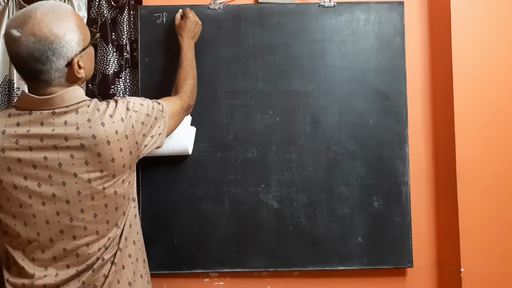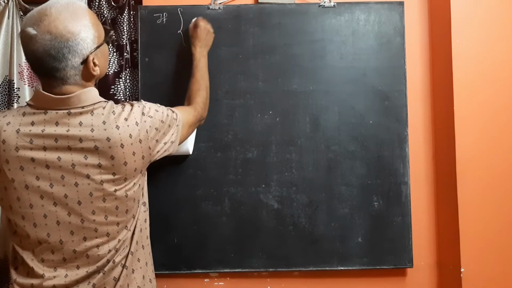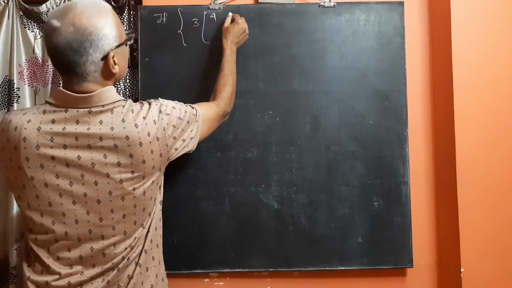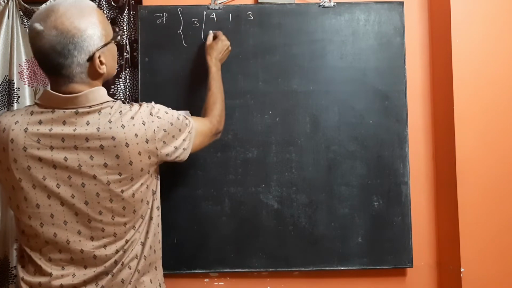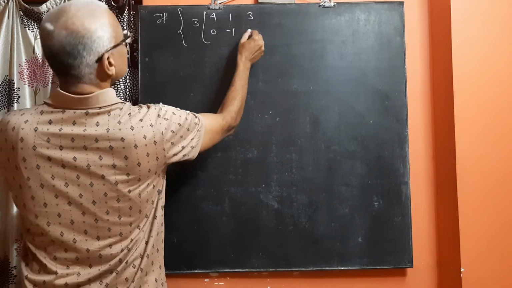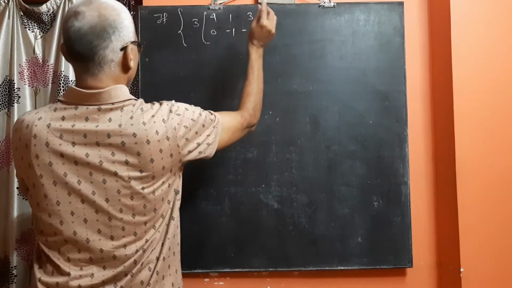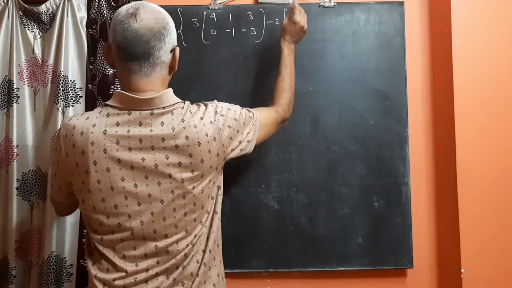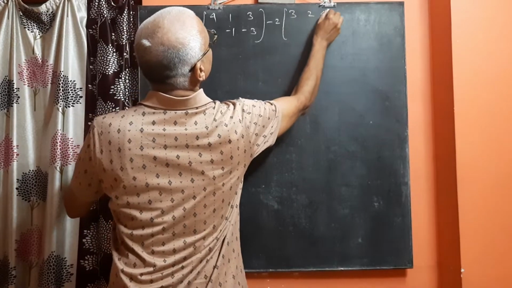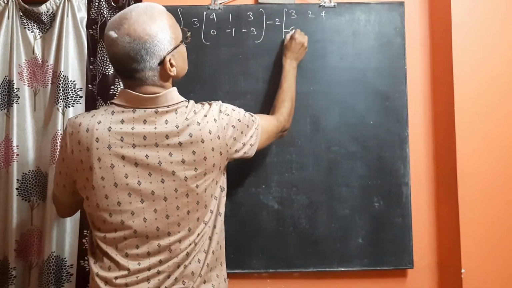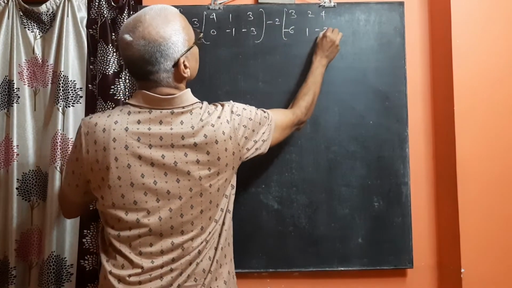If in the curve bracket 3 into matrix of 4, 1, 3, 0, minus 1, minus 3, minus 2 into matrix of 3, 2, 4, minus 6, 1, minus 3.